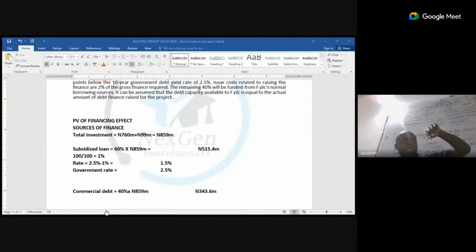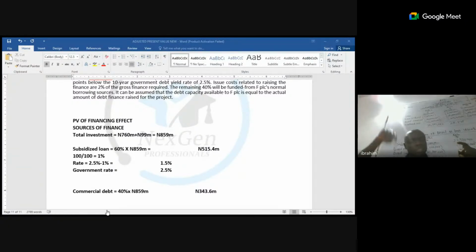At the same time, if government is giving a subsidized loan now, we have a lot of loans now, they will tell you they will give you 2%. That 2% is also included in the commercial rate. Class, is that not so? Yes, sir. Thank you. So meaning that the commercial rate includes the MPR of 27.5%, which is in the 31% now.